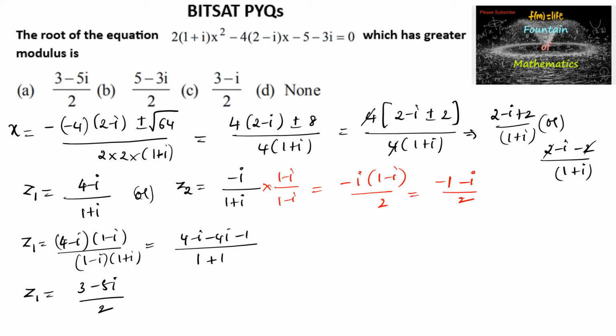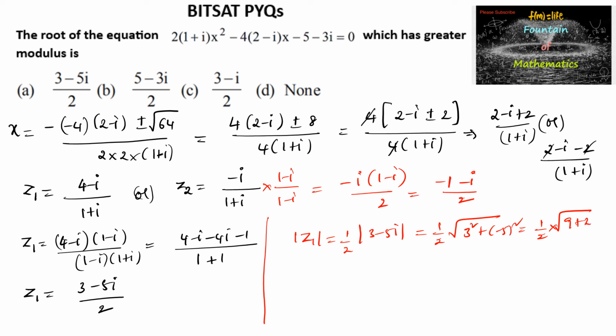Now let's identify the modulus. |z1| is equal to 1/2 times |3 − 5i|, which is 1/2 √(3² + (−5)²), that is 1/2 √(9 + 25), which is 1/2 √34.